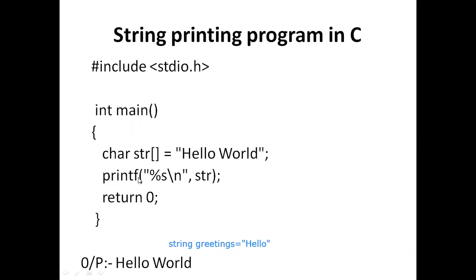The function definition and implementation are already declared in stdio.h. So whenever I put #include <stdio.h>, automatically that printf definition will be included in my program. I think all of you understood what #include <stdio.h> means.